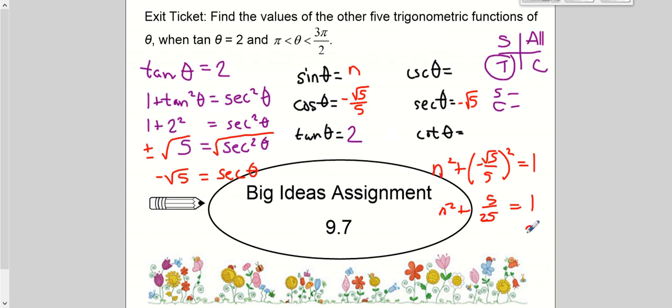Subtract 5 25ths from 1, you get 20 25ths, and then we get n squared equals that, square root. That'd be 2 rad 5 over 5. And that would be our sine. 2 rad 5 over 5.